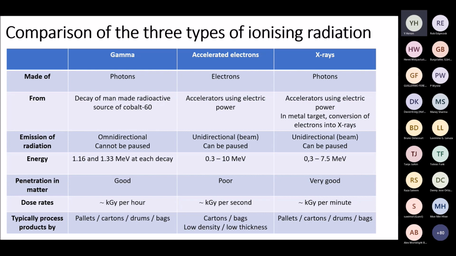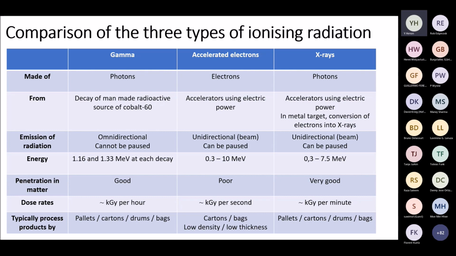Electrons are produced by electric power. So the advantage is that electric power can be found anywhere in the world. And by switching off the machine, the accelerator, the emission of electrons can be paused, which is not the case, of course, with a radioactive source. It's a natural phenomenon, so it cannot be interrupted.